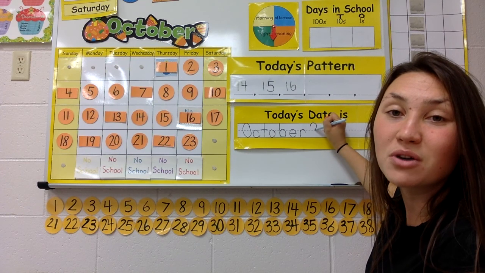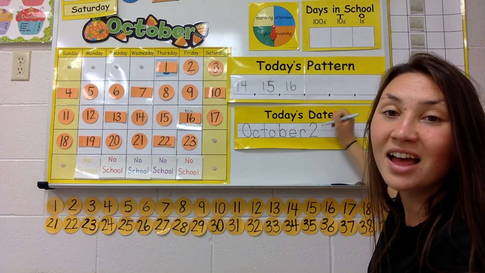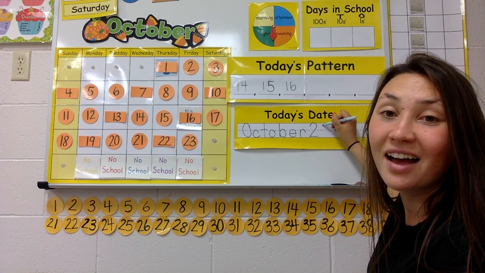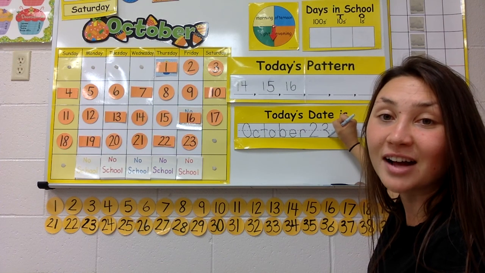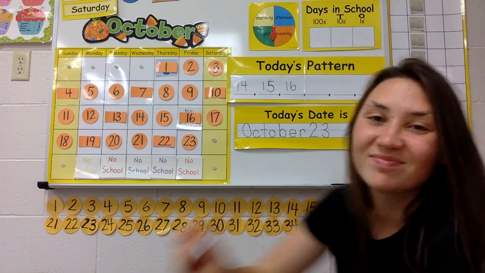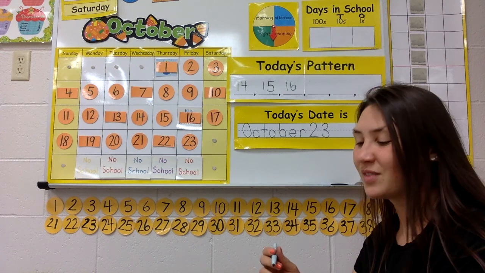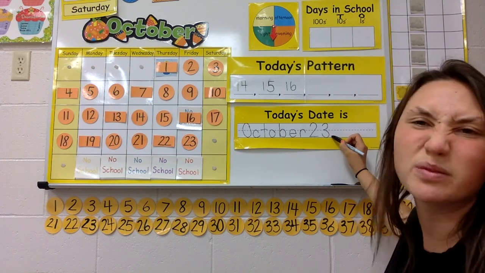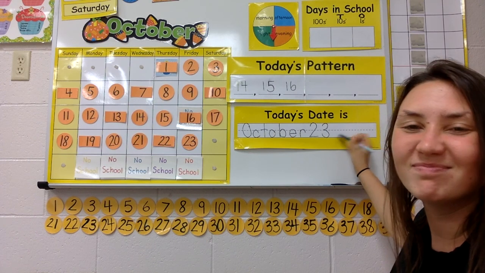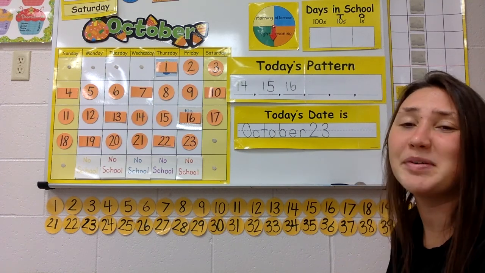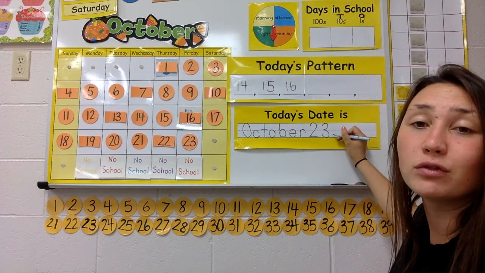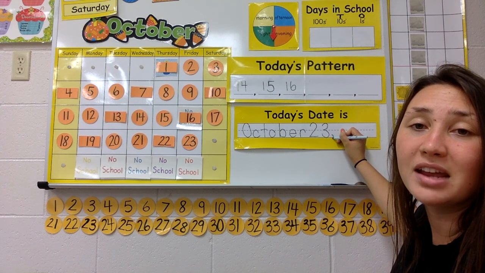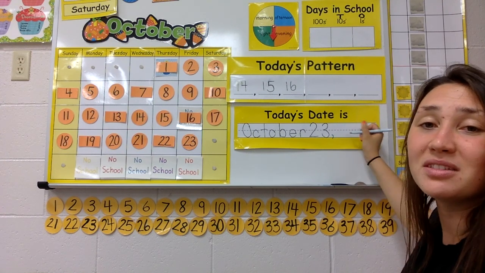To make a 2, you curve around and slide to the right. And then to make a 3, halfway around and around again, right? October 23rd. And what do we need next? That goes about right here. Yeah, your comma, your cute little comma. And you're going to put that right at the bottom of your 3 next to there. Go ahead and do that now.